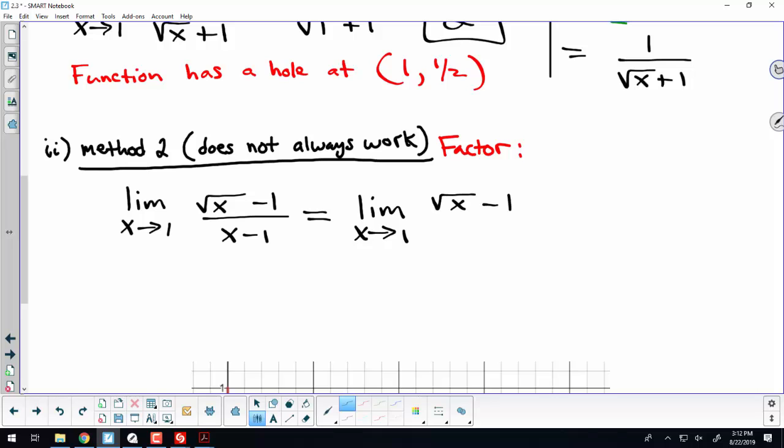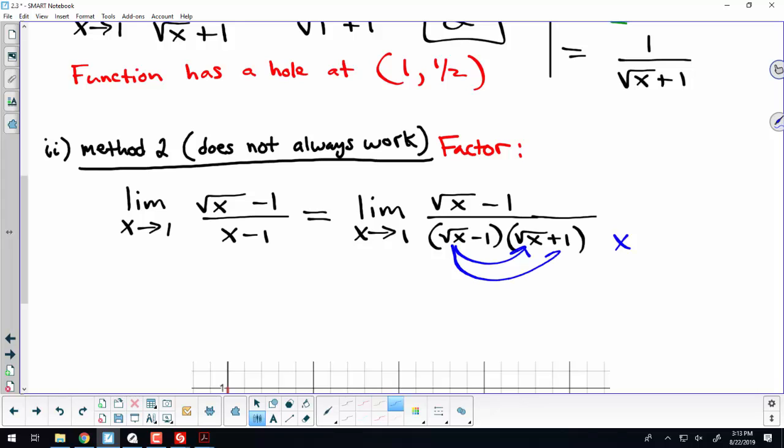I'm going to factor x minus 1 and pretend that x minus 1 is a difference of squares. So I'm going to call that the square root of x minus 1 times the square root of x plus 1. Can I factor x minus 1 that way? Yeah, if you're not sure, just FOIL this out. Expand: we have root x times root x, root x times 1, negative 1 times root x, and negative 1 times positive 1.